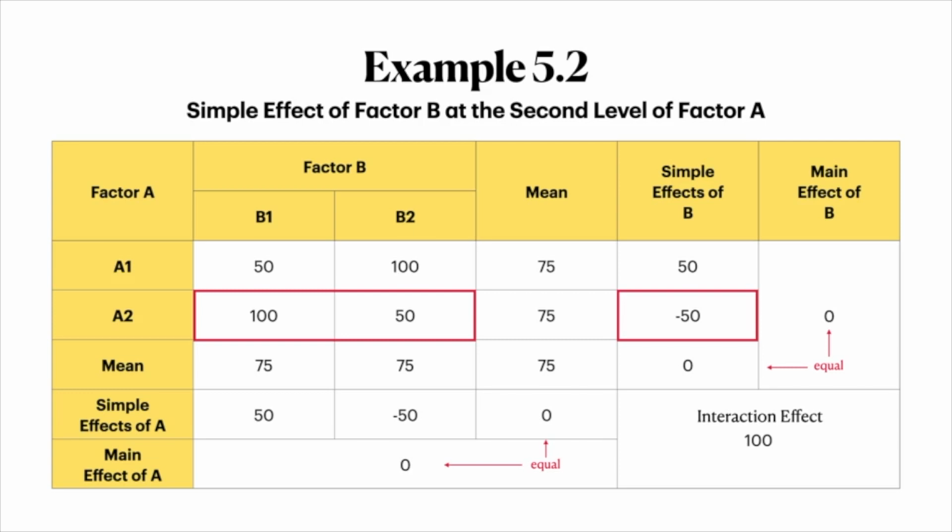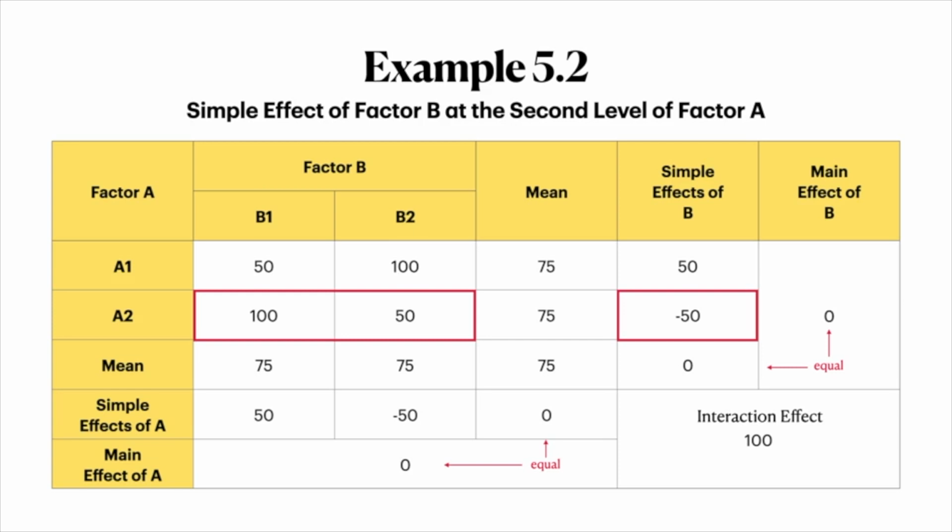So factor B, even though factor B has a main effect of 0, which if that's all we looked at, we would say, well, factor B must not be important because its main effect is 0. Well, that's completely untrue. We see that factor B does impact the response. It just impacts it differently depending upon which level of factor A that we're talking about.